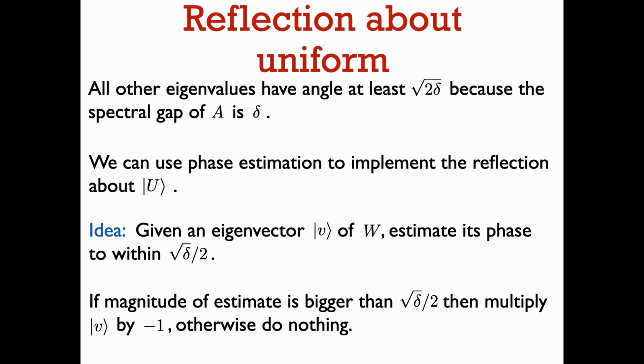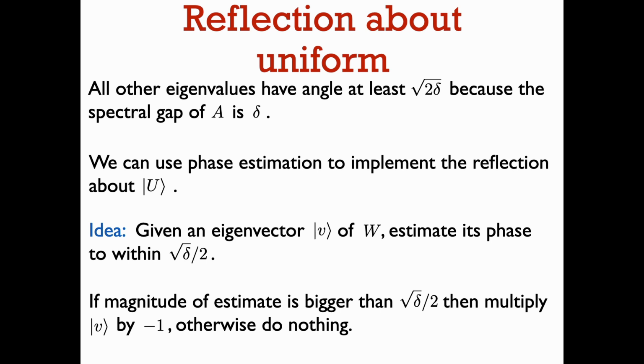Given an eigenvector v of W, we want to multiply its phase by minus 1 if and only if it is the uniform state U. Otherwise, we want to leave it alone. So we estimate the phase of the eigenvalue of v up to a precision a bit smaller than square root of delta. If our estimate tells us the phase could be 0, then we multiply the phase of v by minus 1.